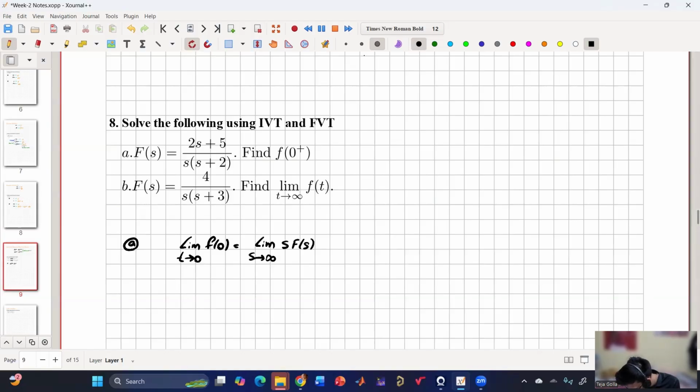So can you tell me what will be the value for this case? The first one is the initial value theorem and the second one is the final value theorem.